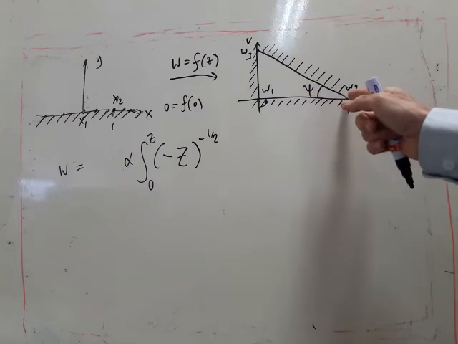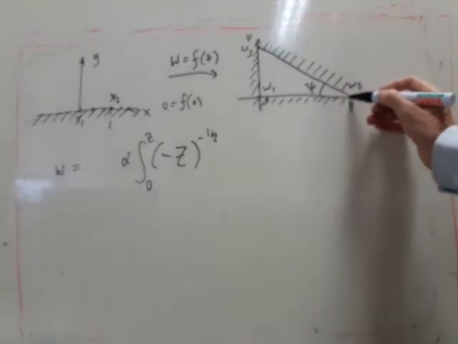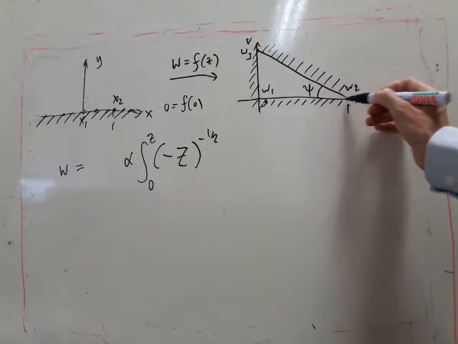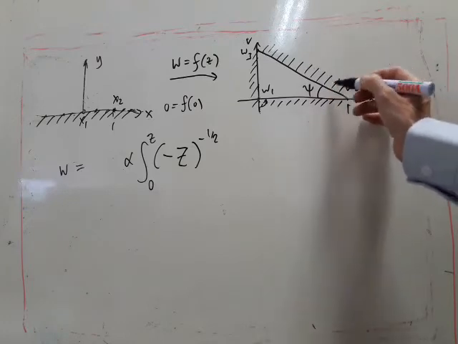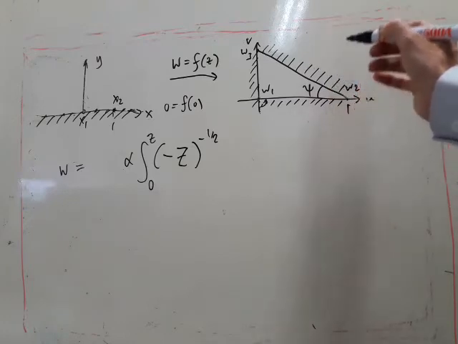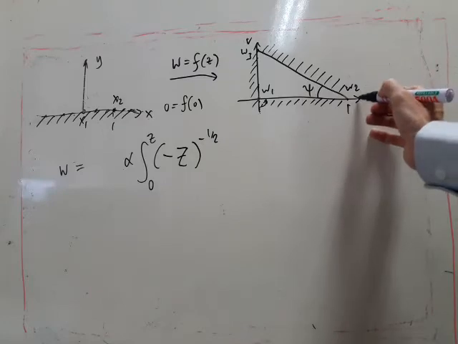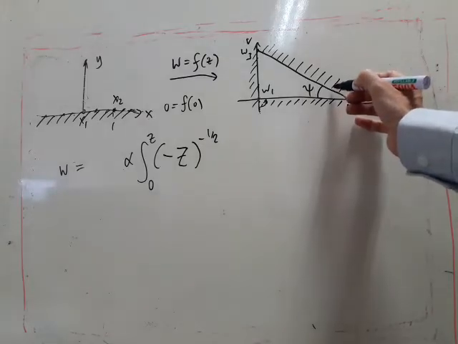Then as we go from here, when we reach w2, as we go from here to here, we have to turn through an angle of pi minus psi. So this angle here is pi minus psi, and then divide that by pi.